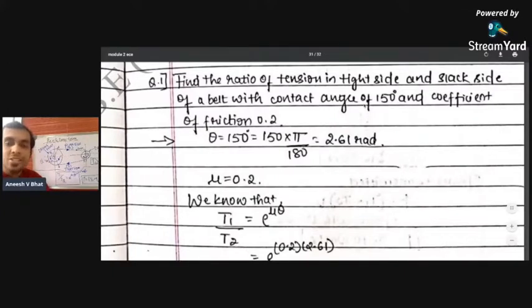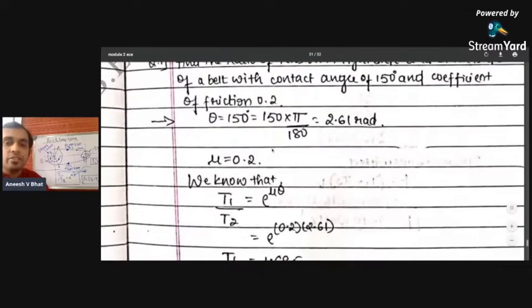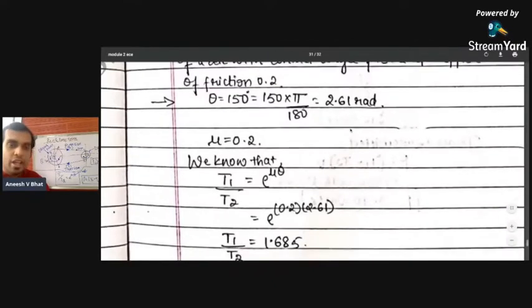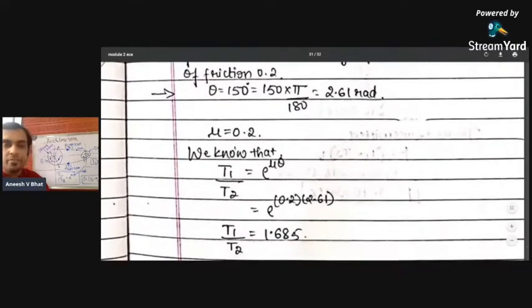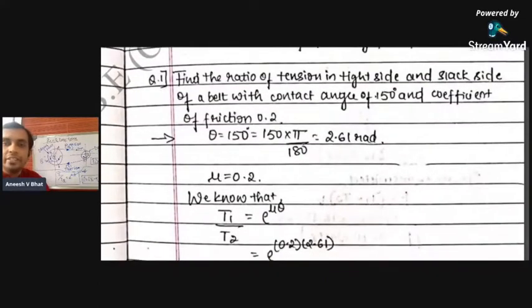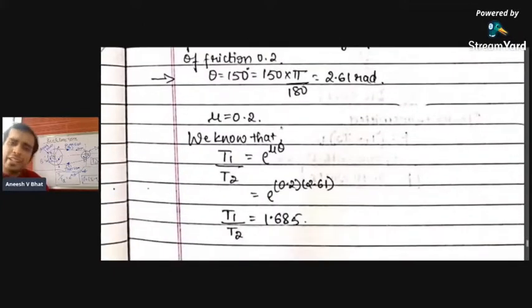So contact angle is theta. Theta is 150 degrees. We need it in terms of radians. So convert 150 degrees into radians. 150 into pi by 180, which is 2.61 radians. And mu is 0.2. It's straight away given. We have to find the ratio of tension in tight side and slack side. T1 by T2 is to be found. We have a direct formula to find T1 by T2.